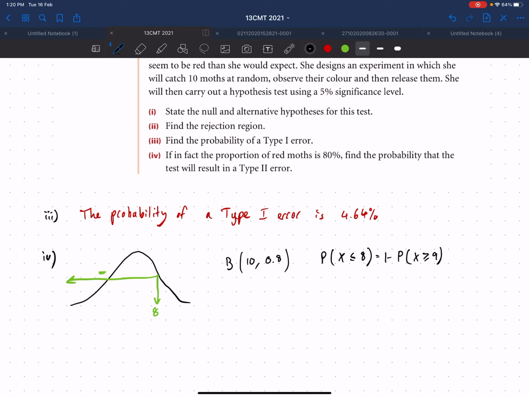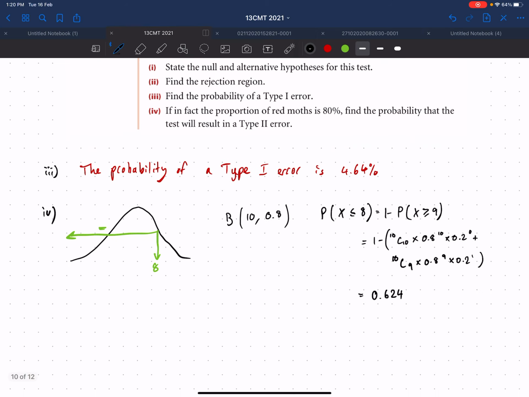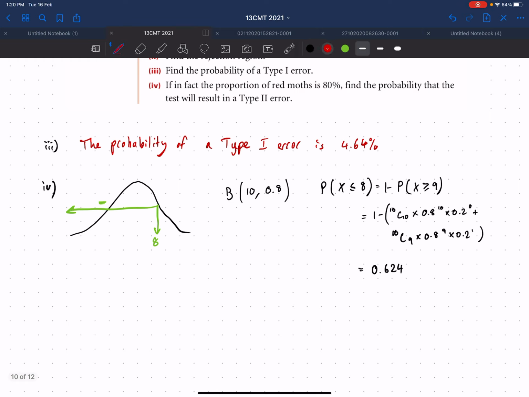So that's 1 minus the probability of 10 plus the probability of 9, which is 1 minus 10C10 times 0.8 to the power 10 times 0.2 to the power 0, in a bracket, plus 10C9 times 0.8 to the power 9 times 0.2 to the power 1. Type that all into a calculator and you get the answer 0.624. So the probability of a type 2 error is 62.4%.